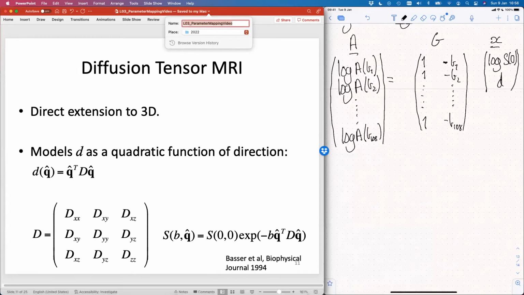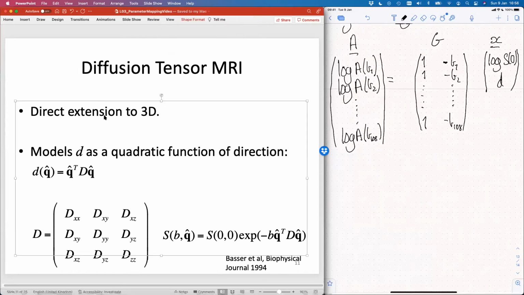So diffusion tensor MRI is a direct extension of the simple model that we've just looked at for estimating a single scalar diffusivity. It's a direct extension of that to 3D, and now allows the diffusivity to vary as a function of direction. And more specifically, it models D as a quadratic function of direction via this expression here.